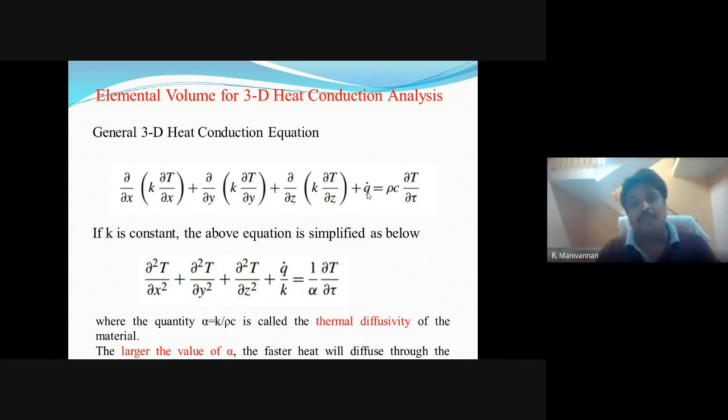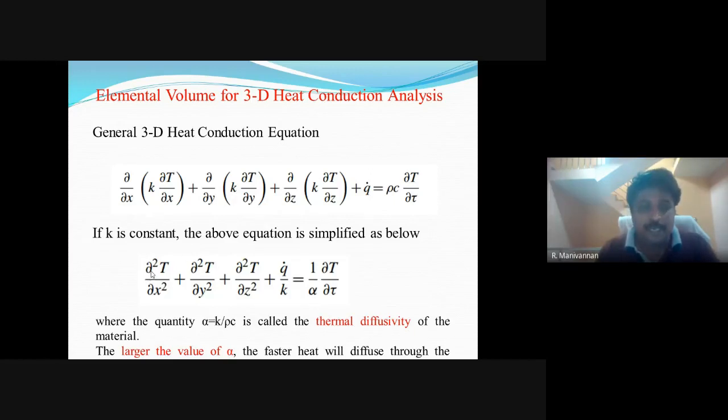Now if we assume that k is constant, then I can pull this k outside and take it to the opposite side in the denominator. So I will get rho c by k, which is nothing but the inverse of alpha, where alpha equals k by rho c, and alpha is called the thermal diffusivity of the material.